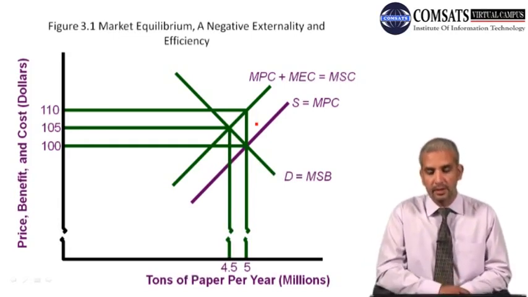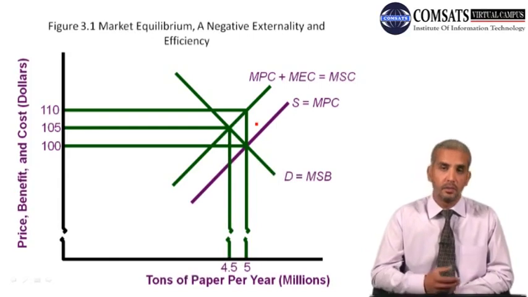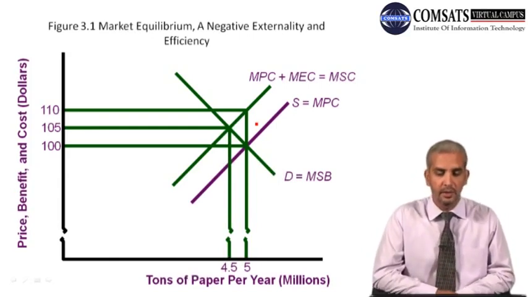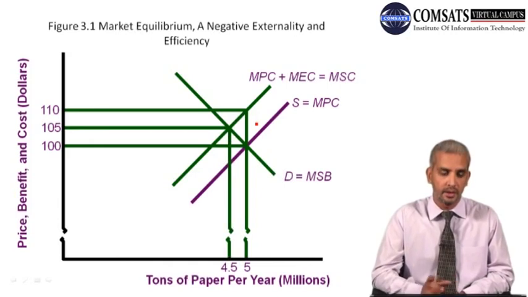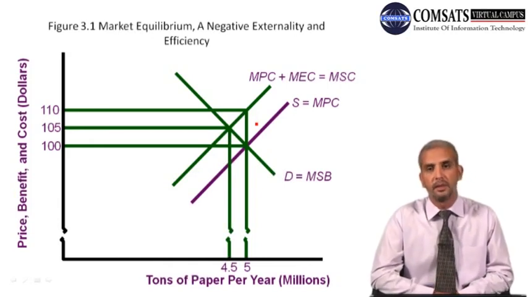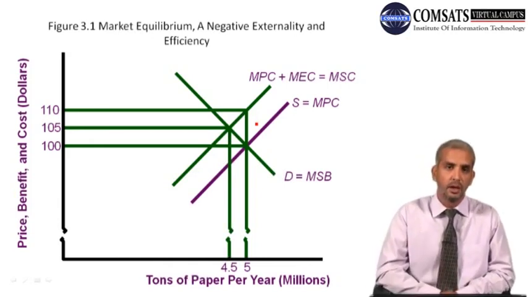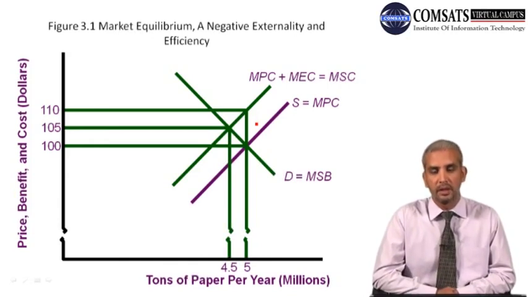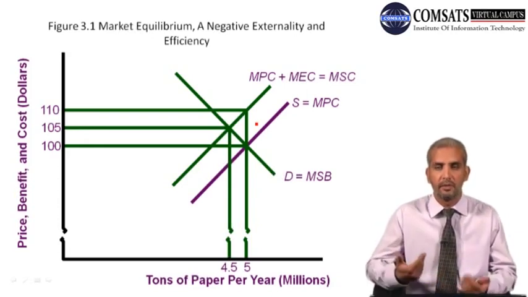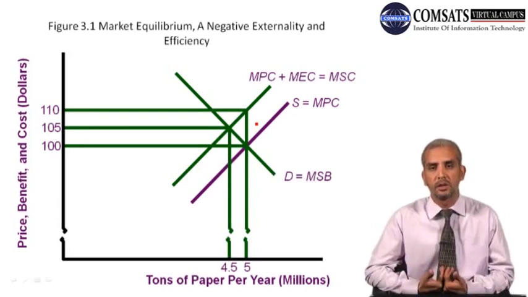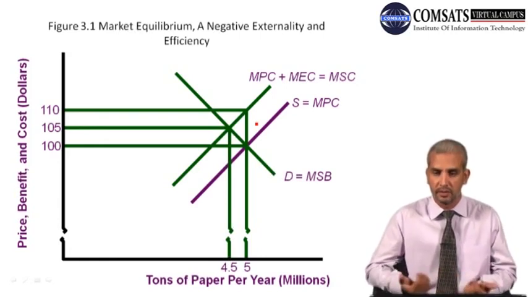If we consider that negative externality, one thing I want to make very clear is that calculating the dollar value of externality in terms of marginal external cost is very difficult, and it is a huge debate. For example, how would you calculate the cost of pollution? What would be the total sources of pollution? Would it be just my firm that is producing pollution, or all the firms, and how would you divide that cost?